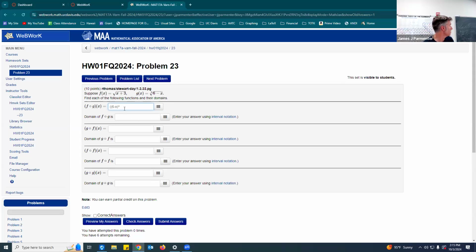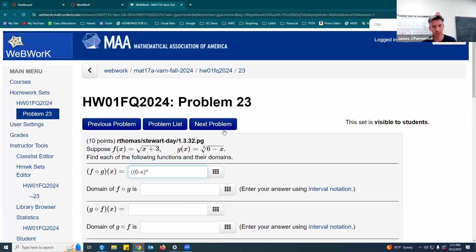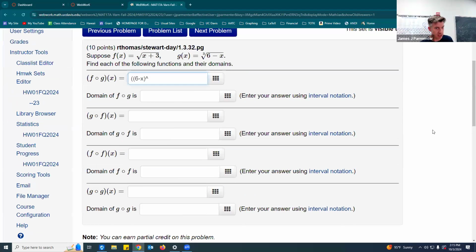Can I zoom in? Yes. So I have 6 minus x raised to the 1/3 power. I can't just write 1/3 like that. I'll show you why. Then I have plus 3, and then close the parentheses, raised to the 1/2 power.